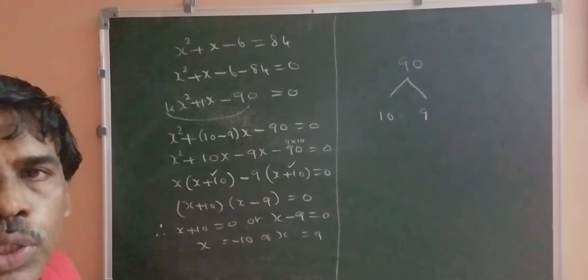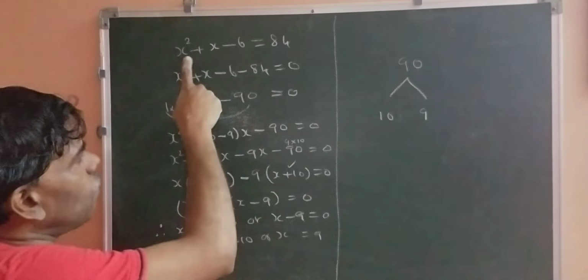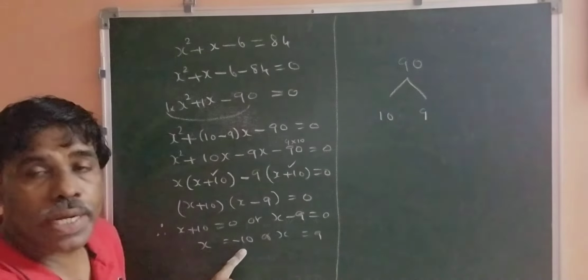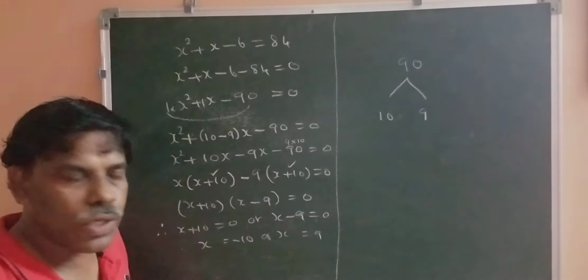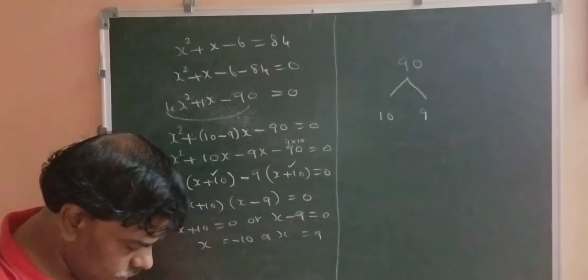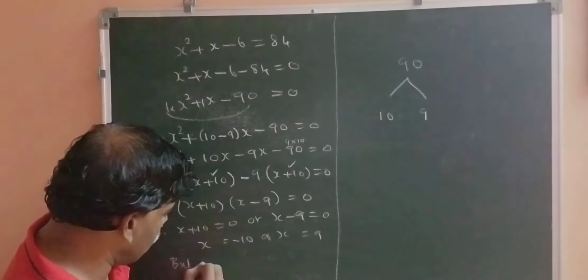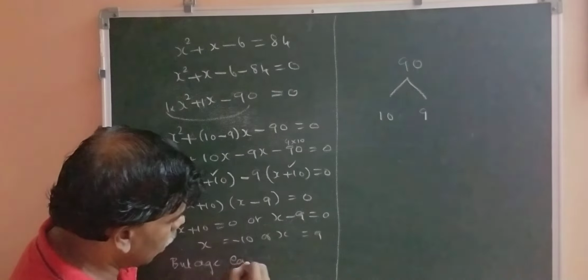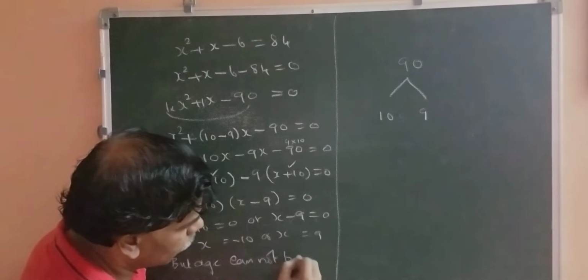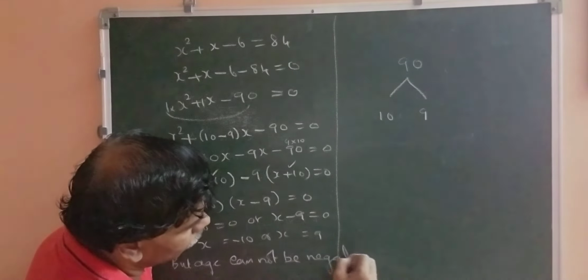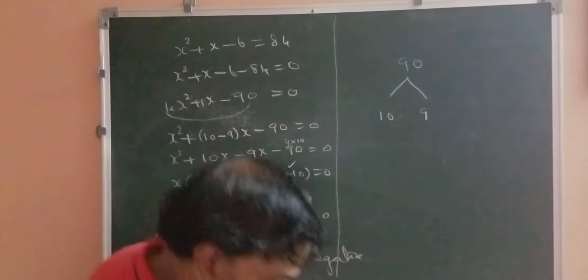See here, you have got two values of x. One is minus 10. But can anybody's age be negative? No. So what we will write here? Age cannot be negative.